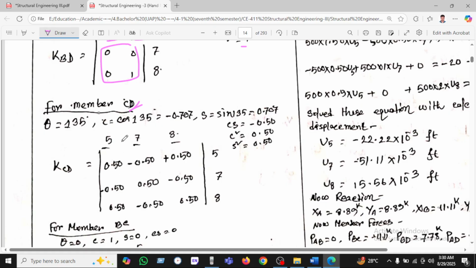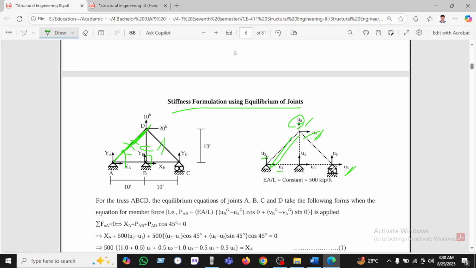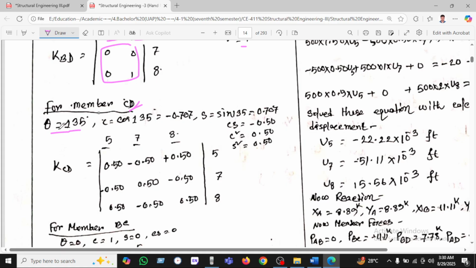Theta is 135, measured anti-clockwise from the horizontal, so don't forget it. Cos 135 equals minus 0.707 and sin 135 equals 0.707. So CS equals minus 0.50, C square equals 0.5, and S square equals 0.5.